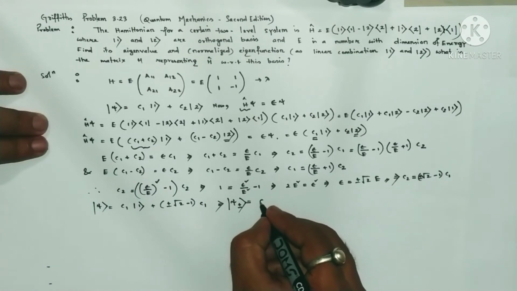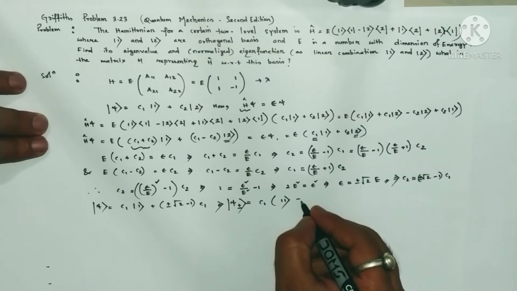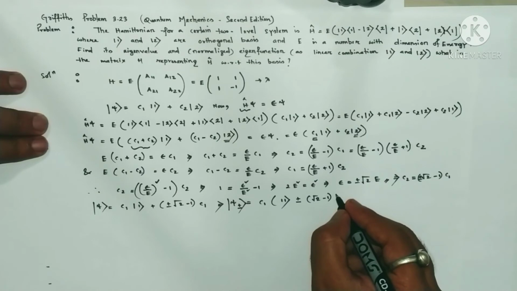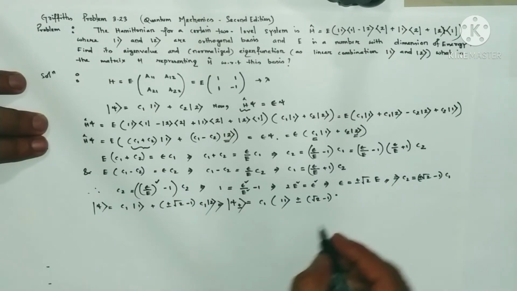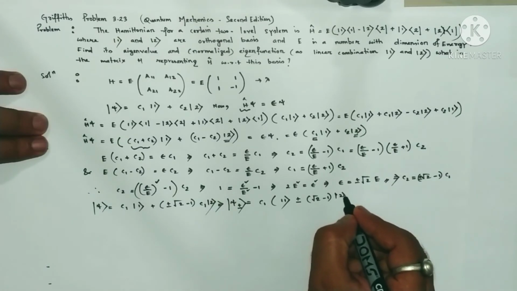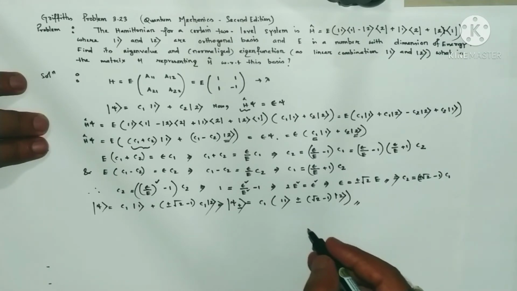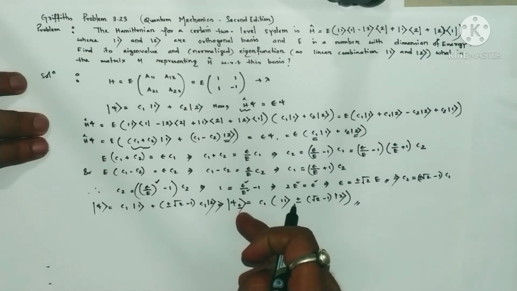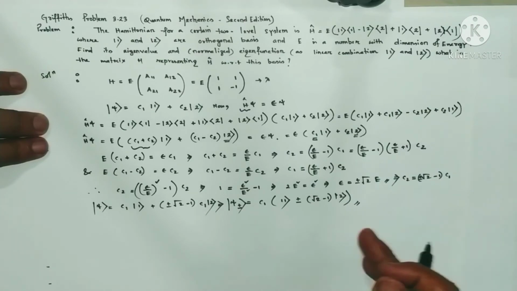So psi equal to C1, you can take common and will be left with ket 1 plus minus root 2 minus 1, and we are left with ket 2. So now we can easily normalize this wave function, because we have a single constant and we can do the inner product of psi plus minus with its complex conjugate psi plus minus, and this will be equal to 1, and we can find out the value of C1. So that will be normalized.